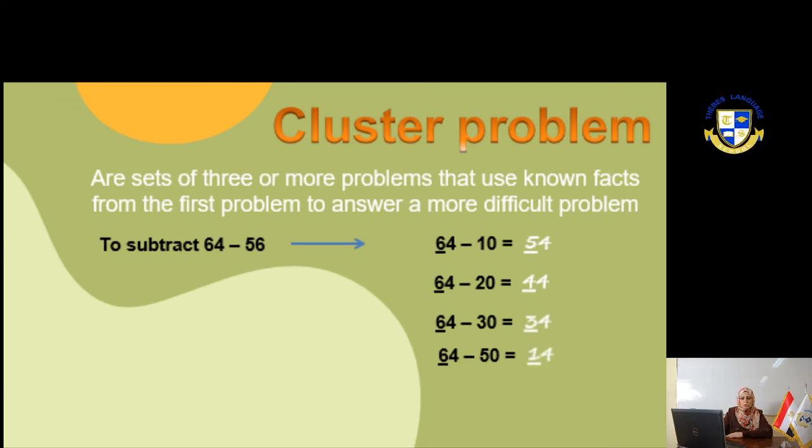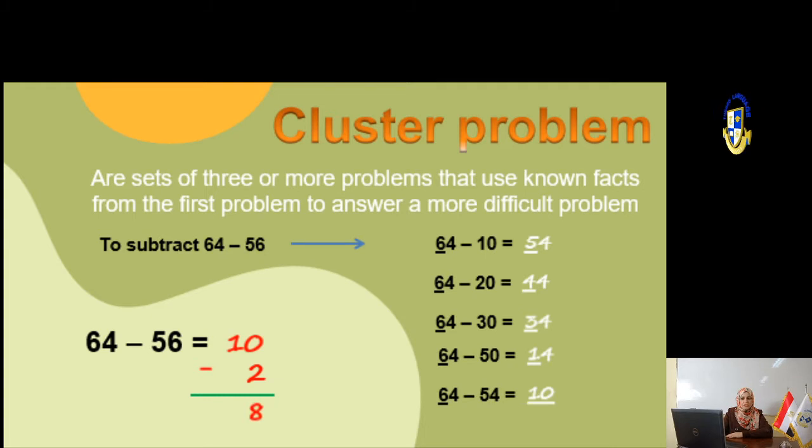So 64 minus 54 will be 6 minus 5 equals 1, 4 minus 4 equals 0, so the answer is 10. So 64 minus 56 will give me the answer of 10 minus 2. You get the answer of 8.